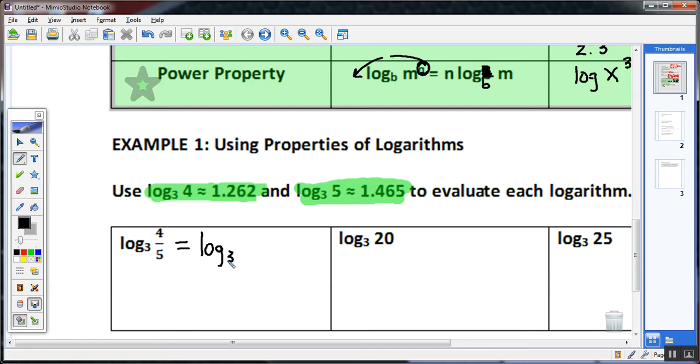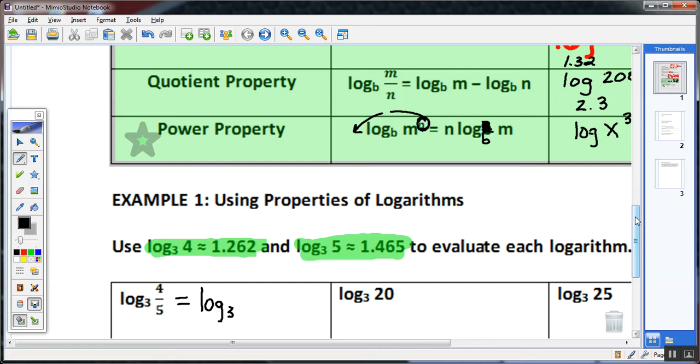Use your middle one, which states right here, log base b of m over n is the log of m minus what? I hear lots of whispering. I can't hear you guys. What are you saying? Yeah, log of m minus log of n.